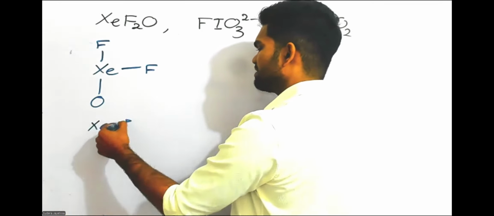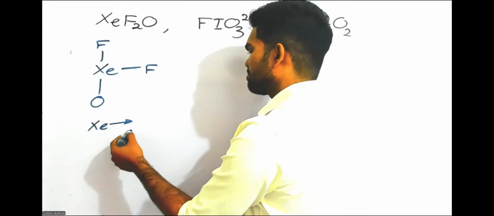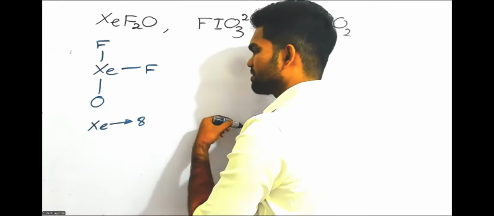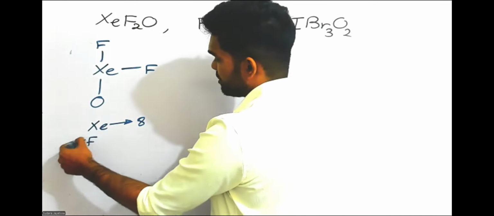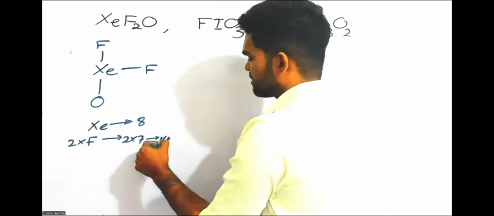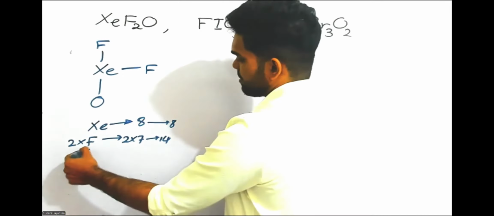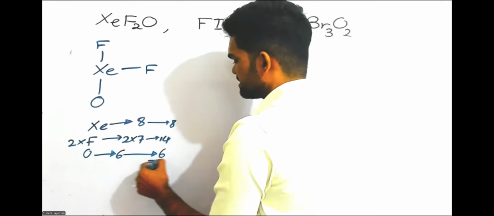So find the valence electrons. Xenon is a group 18 element which can form bonds, and there are 8 electrons for the xenon. Then you have 2 fluorine atoms, so 2 into 7, 14 electrons. Then you have 1 oxygen. It has 6 electrons in the valence shell.